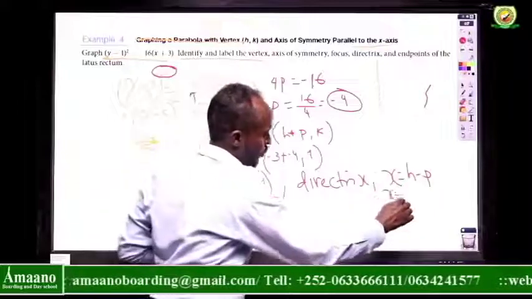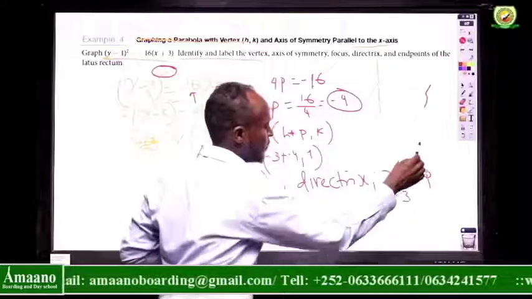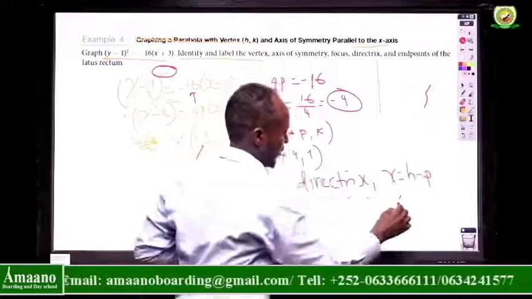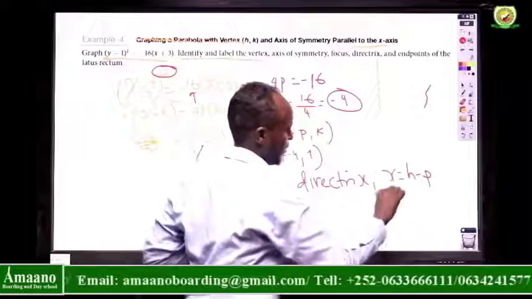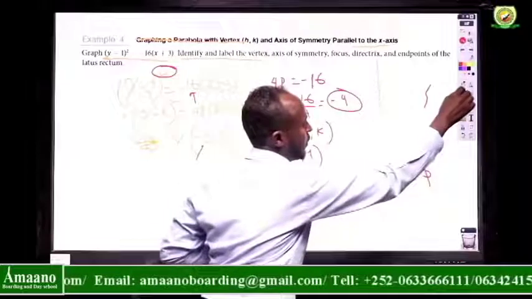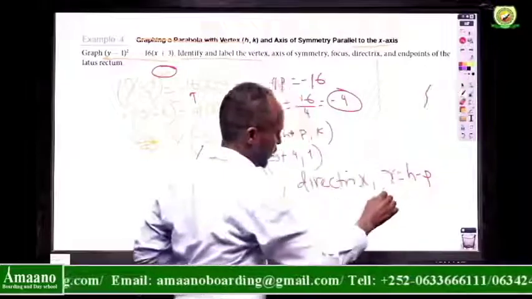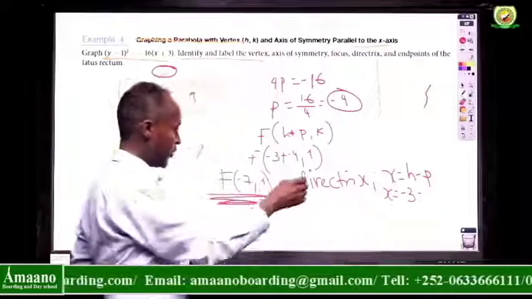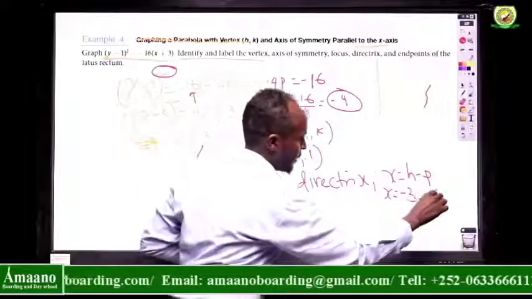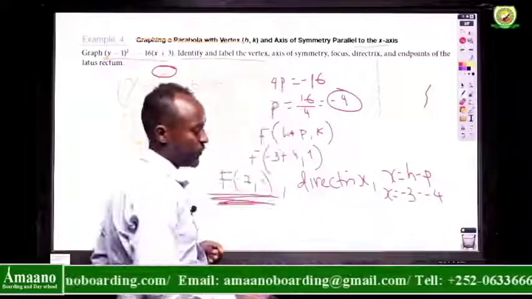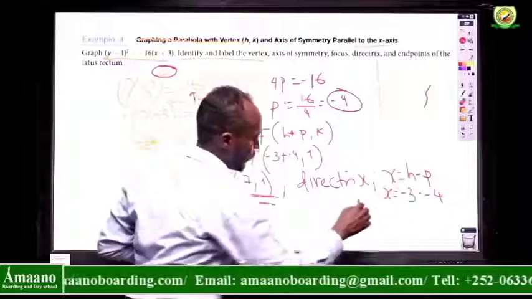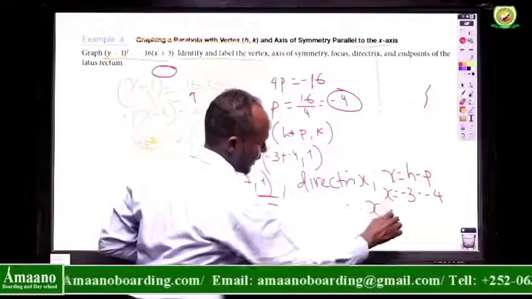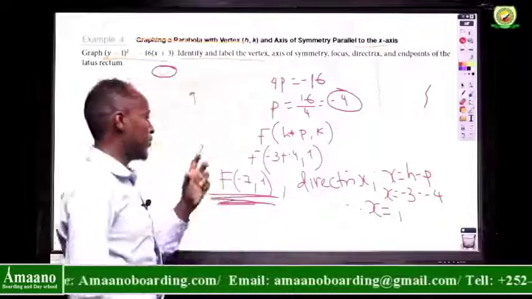The value of h was minus 3 and the value of p is minus 4. That's minus a minus, which goes to positive. Minus 3 plus 4, therefore the equation of the directrix is x equals 1.